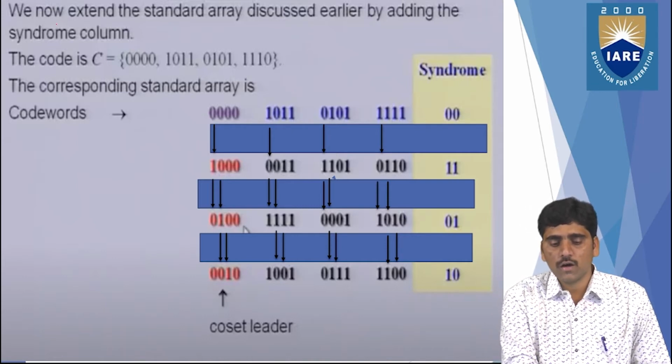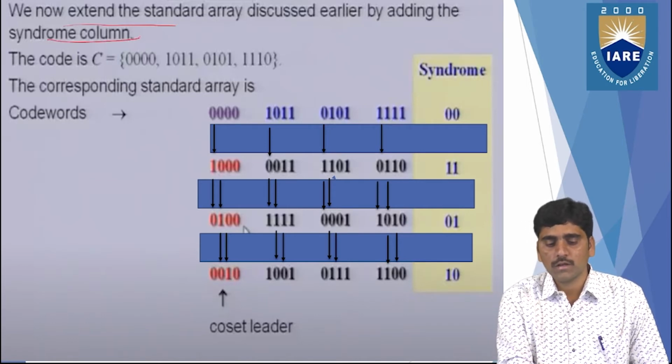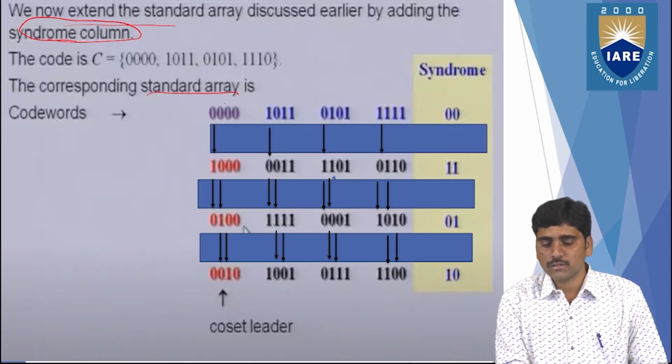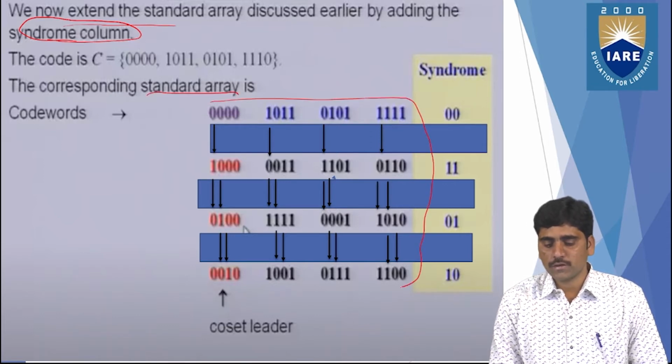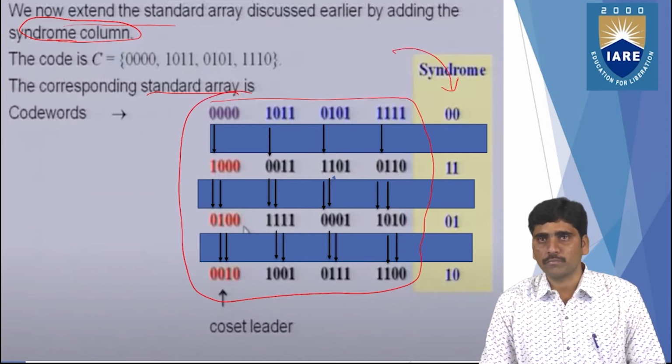We now extend the standard array discussed earlier by adding the syndrome column. So this is the standard array, and for it we are adding a separate syndrome column.